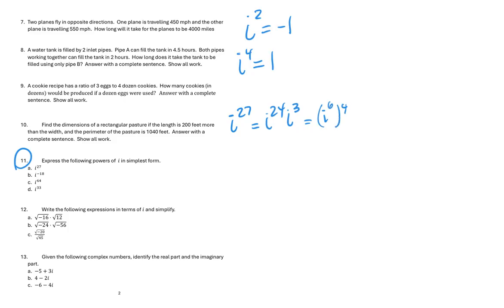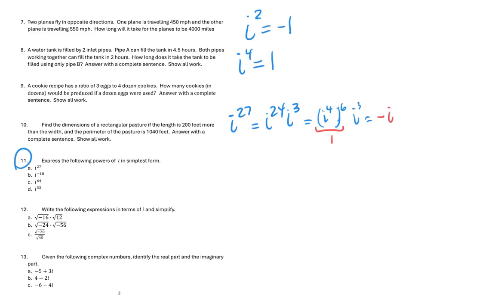Or actually, let me write it the other way. i to the 4th to the 6th, times i cubed, which is going to be: i to the 4th is 1, 1 to the 6th is 1. And so this bit all here is just 1. And then i cubed is i squared times i. So it's going to be -i.